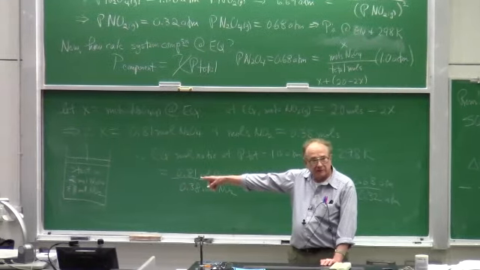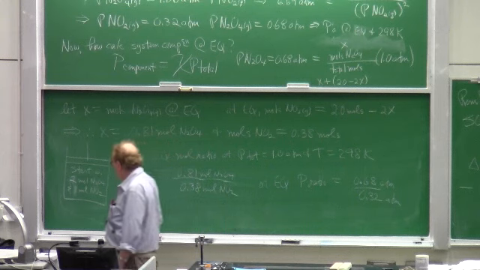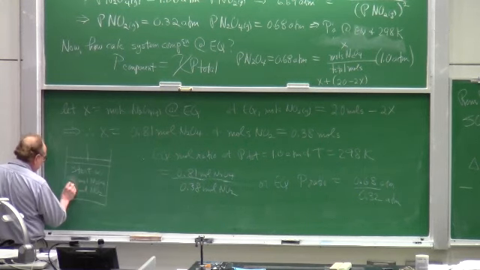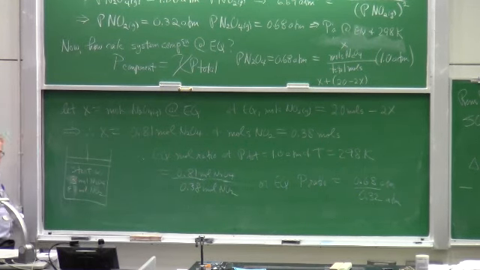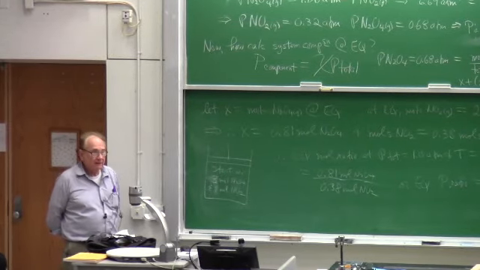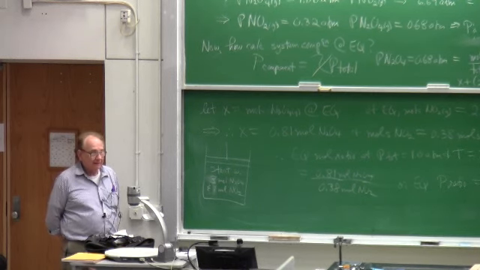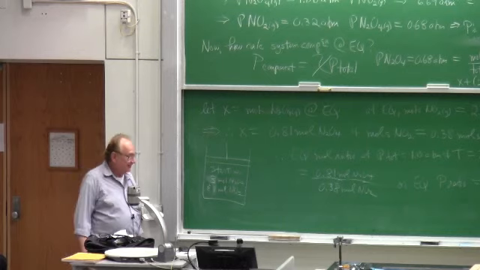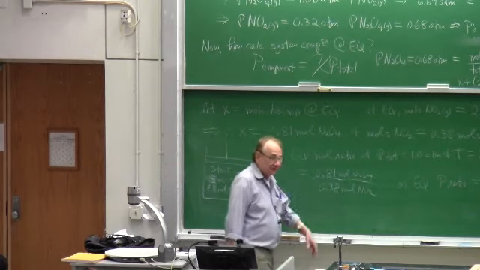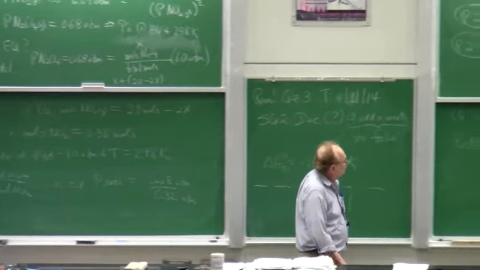So there I'm going to get some conversion of NO2 to N2O4. But if I start with this mix, something going to happen? What's going to happen? N2O4 molecules are going to fall apart. That's it. Hey, we're just letting this talk to us. No more, no less. Okay, enough on that.